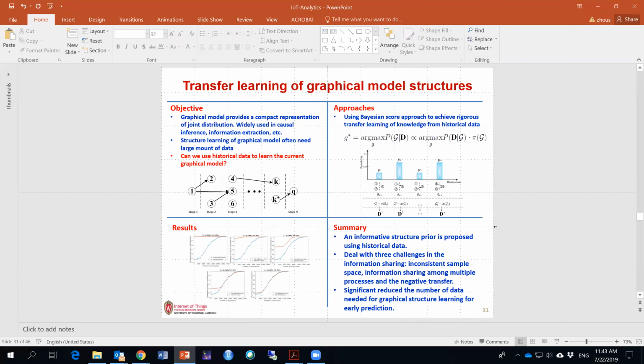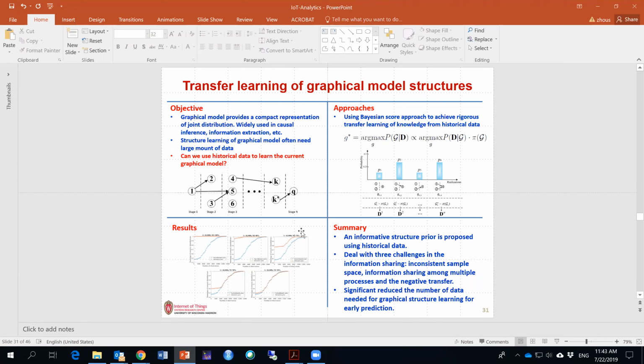So in the third technique, due to time limit, I will go through it very briefly. The idea is that we want to fit the interactions between a bunch of random variables using a transfer learning technique. In IoT systems, we often collect data from multiple components within the system.